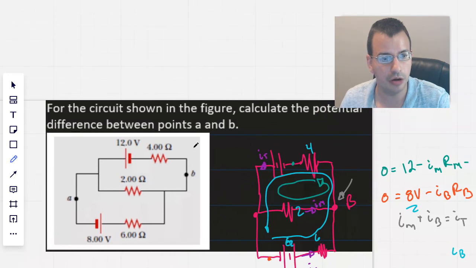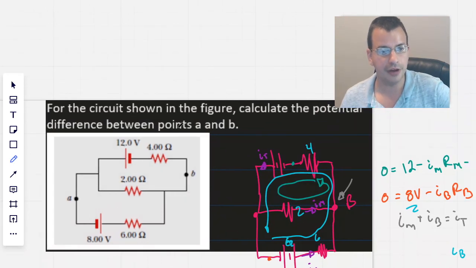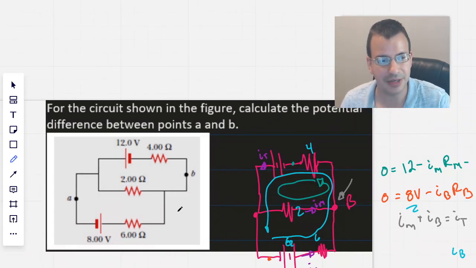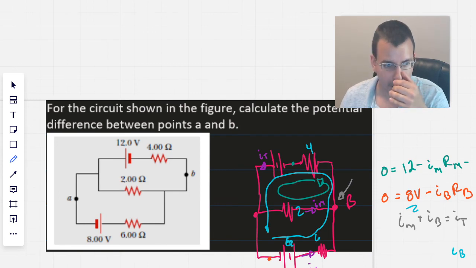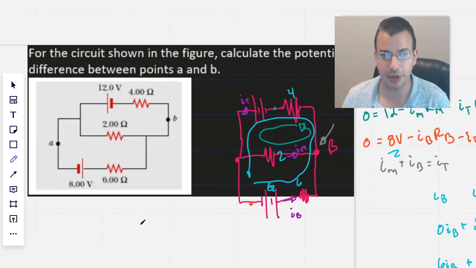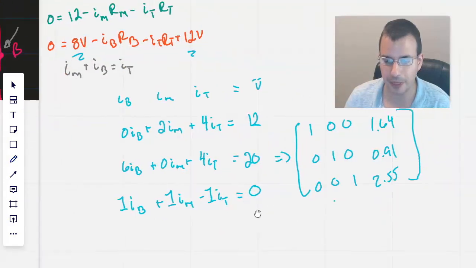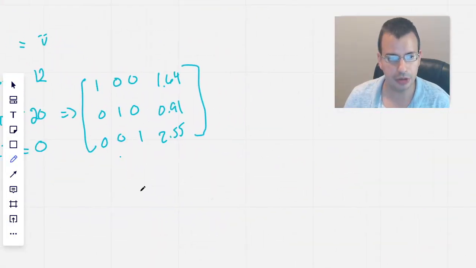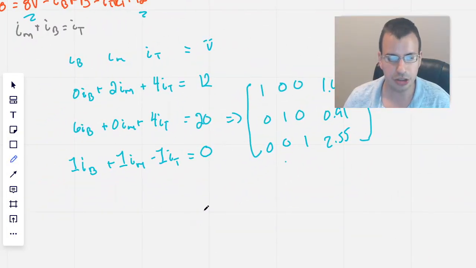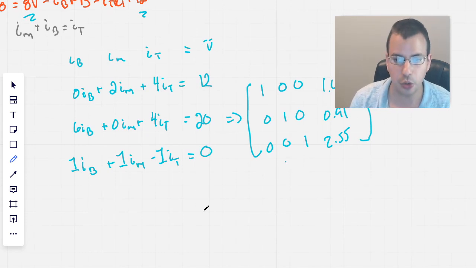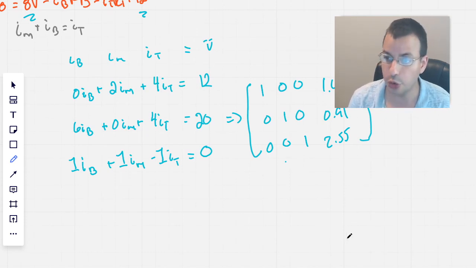So for the circuit below, calculate the potential difference between points A and B. Now we know all the currents, so we pretty much know everything we need. I'm going to use this resistor right there. It's a 2 ohm resistor with 0.91 amps going through it.